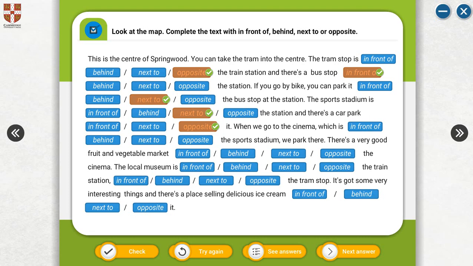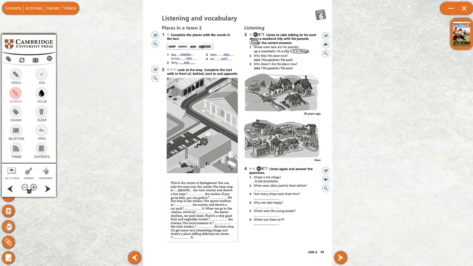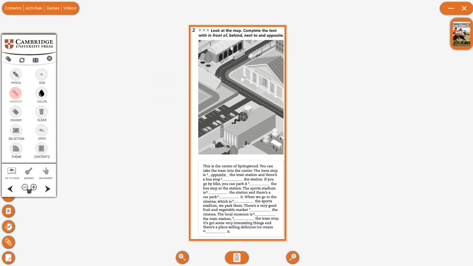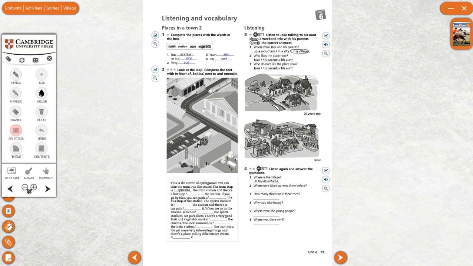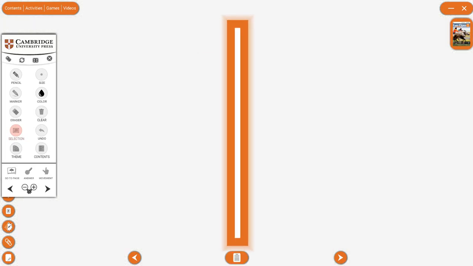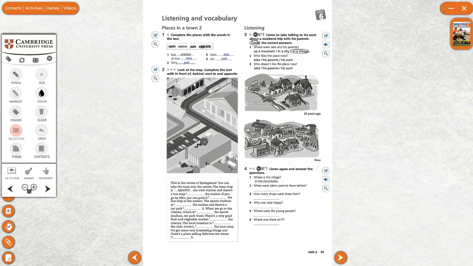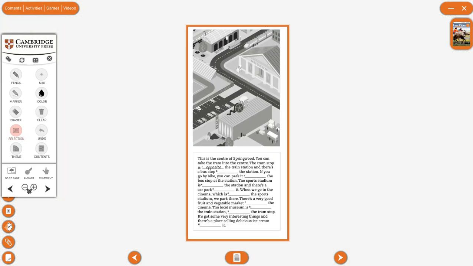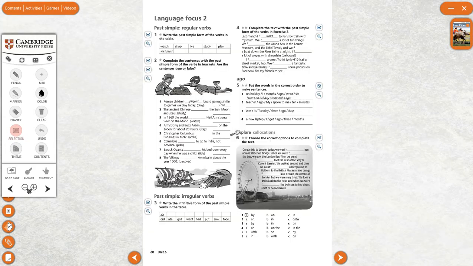Sorry, there is a car park opposite the station. Well, which one of them? 1, 2, 3. I pass the other page like that. Okay. Sorry for that. Number 1 is done.